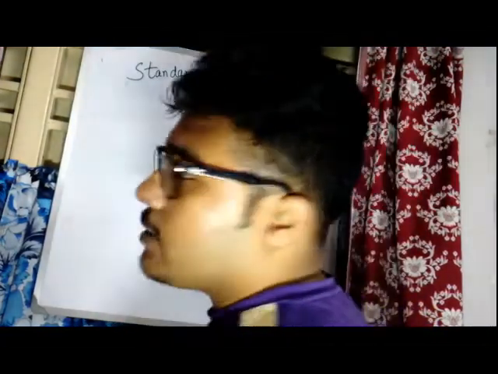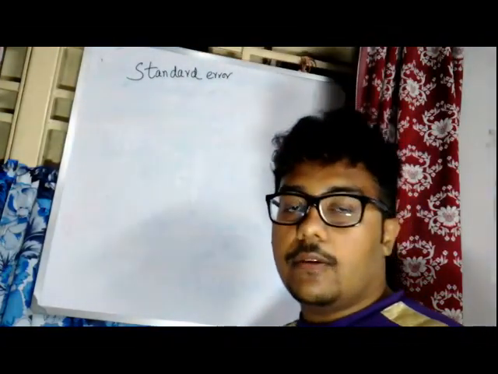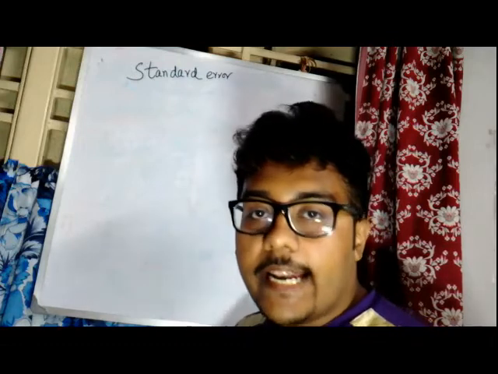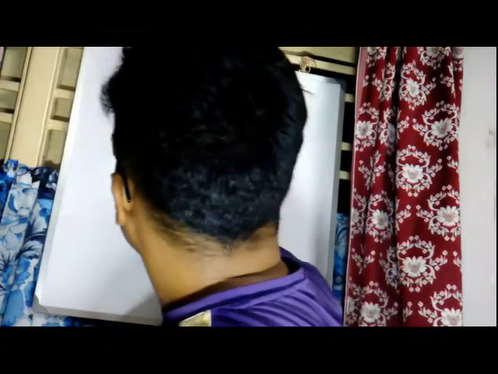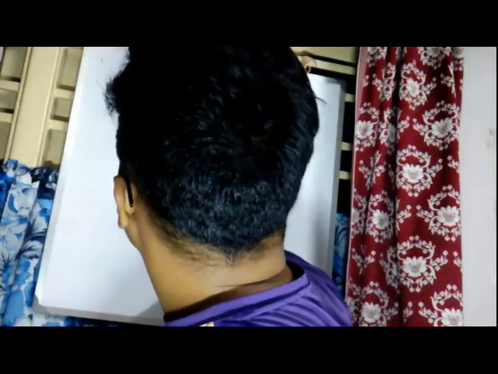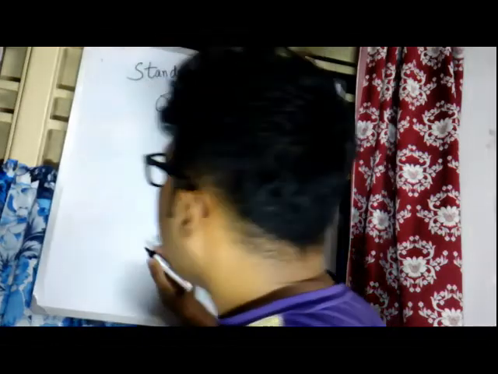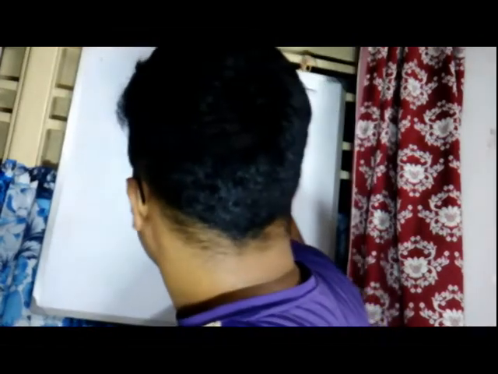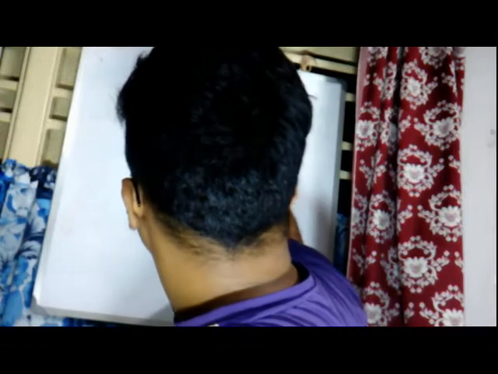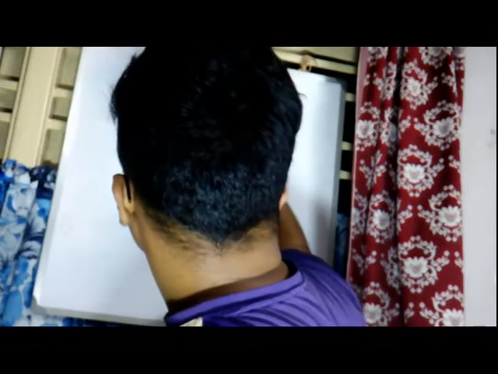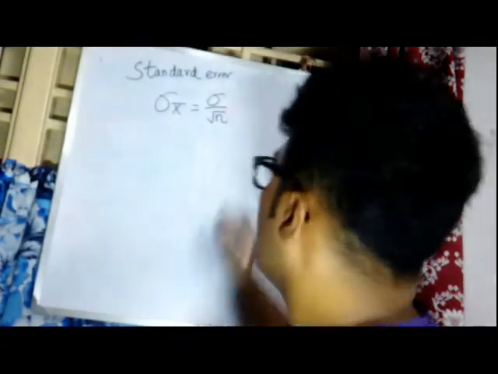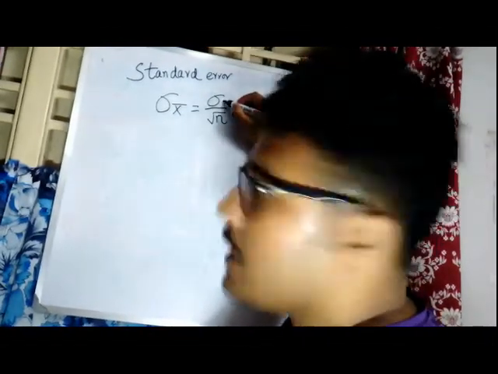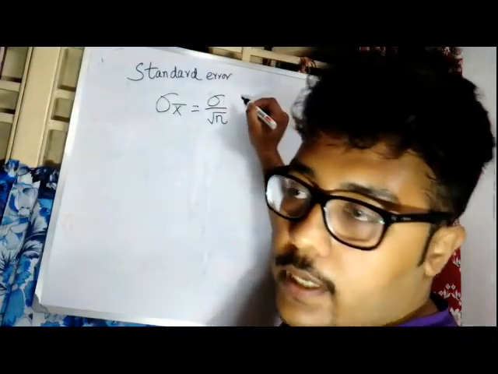Now for standard error, suppose I am showing you the basic concept related to the mean. The standard error of the mean is denoted like this, sigma x. The formula is this one. Here sigma is the standard deviation of the population.